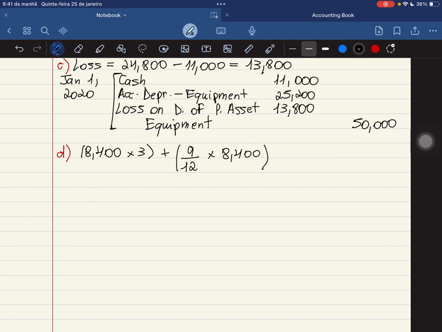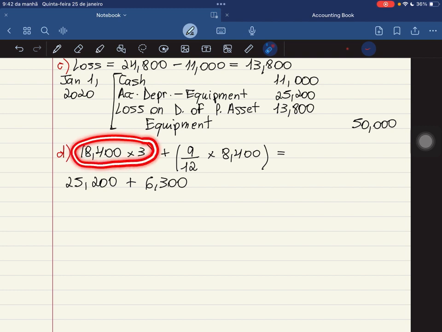Okay. How much is that? The first portion is 25,200, and this second portion is 6,300. Now, just like letter B, this is the amount for the full depreciation, and this is the amount only until October 1st.